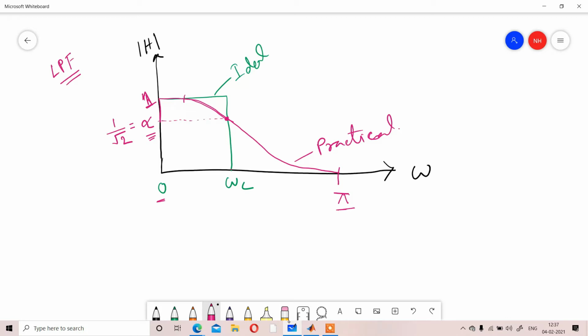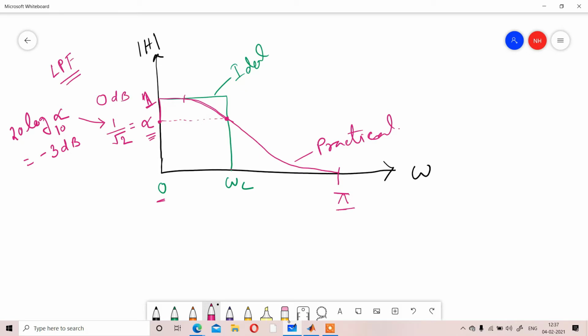In some cases it is defined in decibel form, which is basically 20 log base 10 of alpha. So in dB form, 20 log base 10 of 1 by root 2 is minus 3, so it is minus 3 dB. And if we consider 20 log base 10 of 1, you get 0, or simply 0 dB.